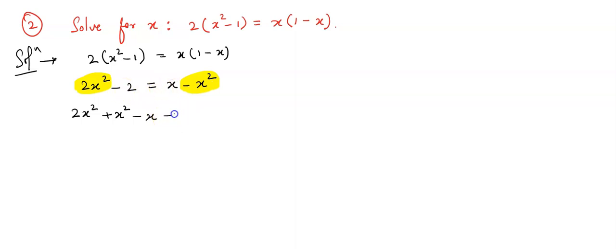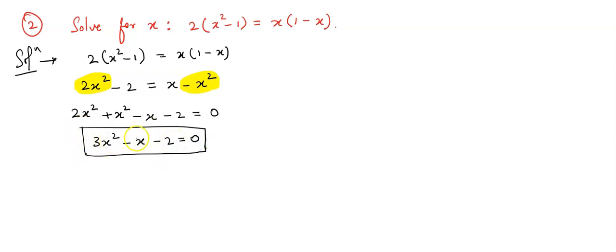This minus 2 remains on the same side, the LHS, equal to 0, because x has come to this side, and minus x² has also come to the LHS. Got it? 2x² plus 1x², that is 3x², then minus x, then minus 2, equals 0. So this is our quadratic equation: second degree, first degree, constant equals 0.